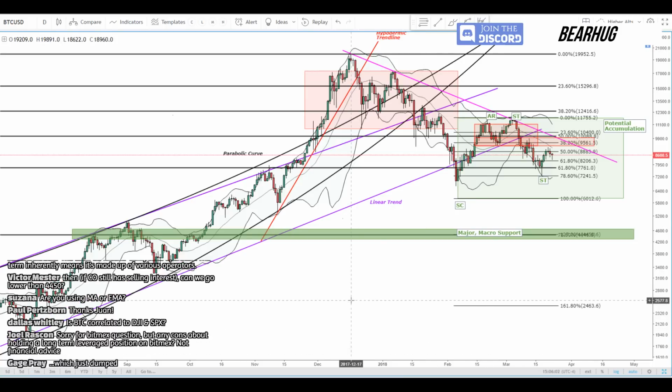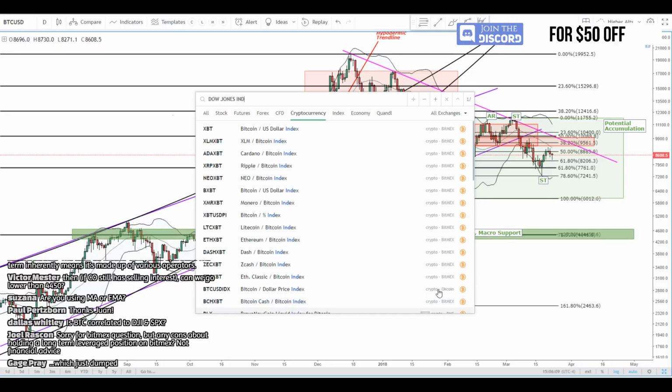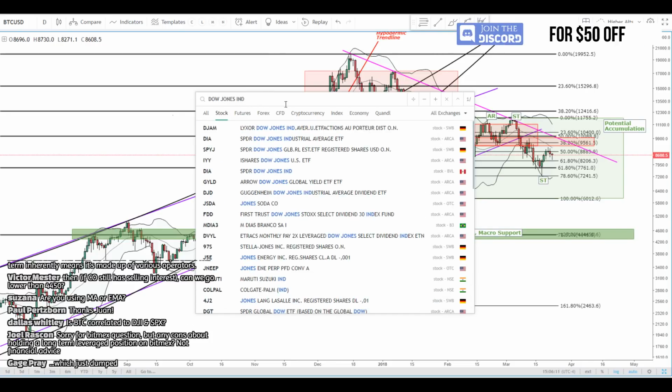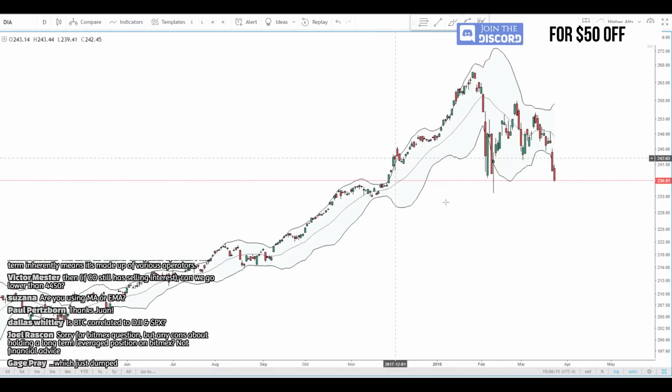So let's actually take a look at the Dow Jones Industrial Index. So Dow Jones, and whoops, let's go to stocks. Industrial. Okay.